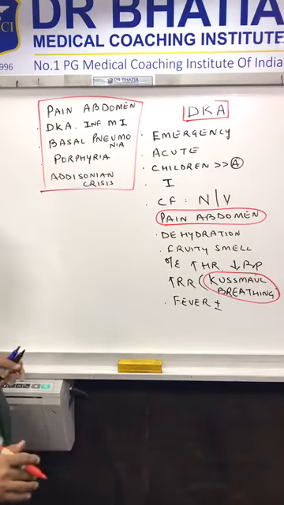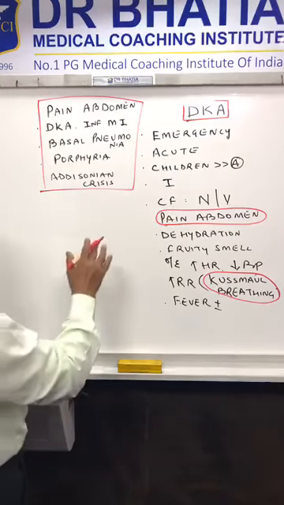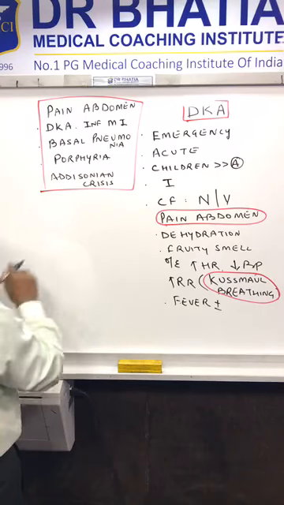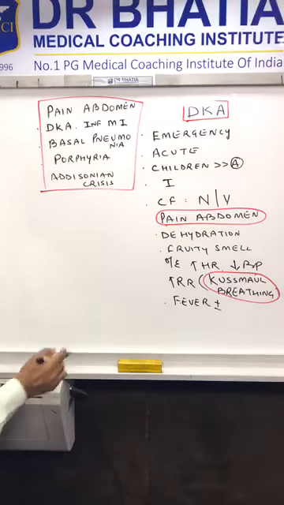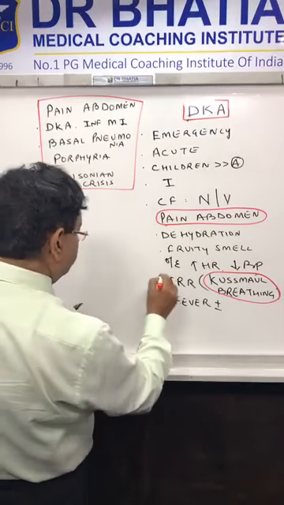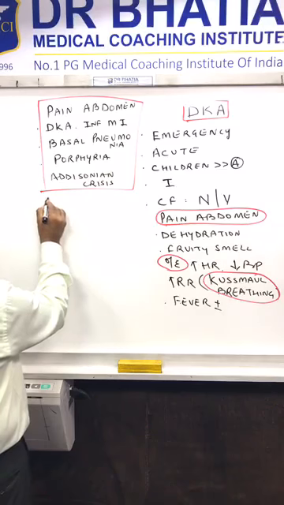So we come back to our DKA. In DKA, on examination, we have examined the patient and you got the following findings. Now, what are the lab findings?